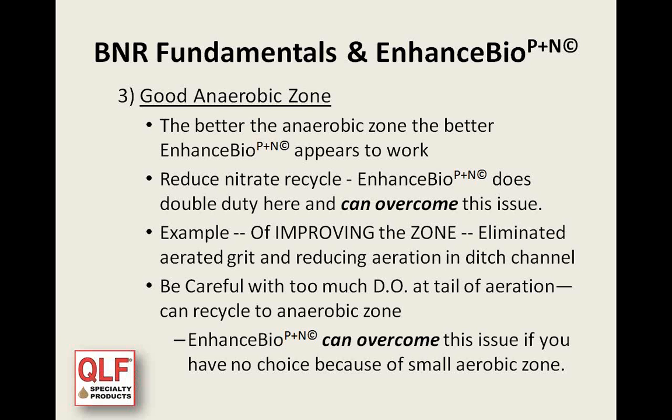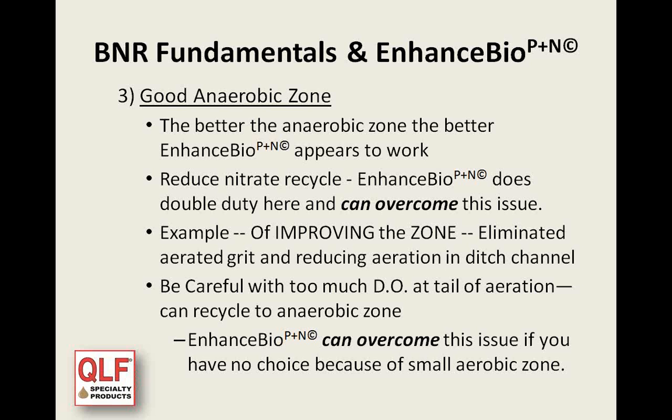There's an example of a treatment plant that I worked with in Virginia where it was an oxidation ditch. They had 3 separate rings. The outer ring was an anaerobic zone. What they did to improve the performance of their system, and what they were looking for was a better anoxic zone, mainly for denitrification, is they reduced the amount of movement, or the amount that their brushes ran in that system.